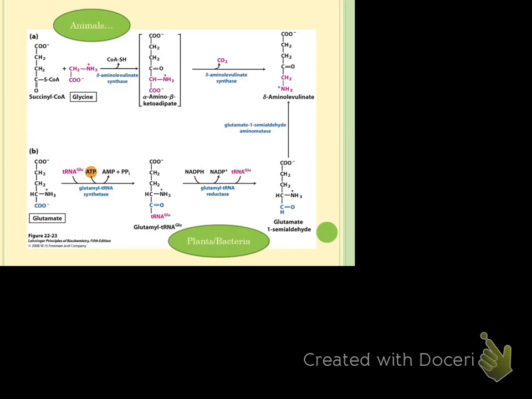So tRNA gets added to this really tiny glutamate, and then ATP comes in, activates it, and then you get the glutamyl tRNA reductase at the expense of an NADPH to make the semialdehyde, and then an aminomutase comes in to make delta aminolevulinate. So it's much more complicated in bacteria and plants than it is for us. But I think it's really cool that tRNA here is actually used as a leaving group, a way to activate the intermediate.